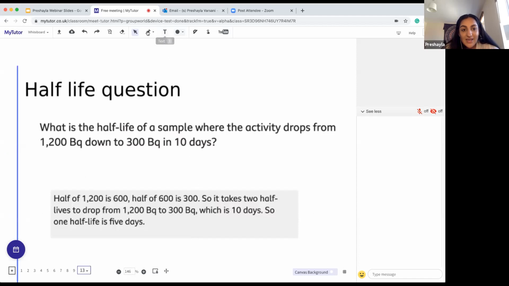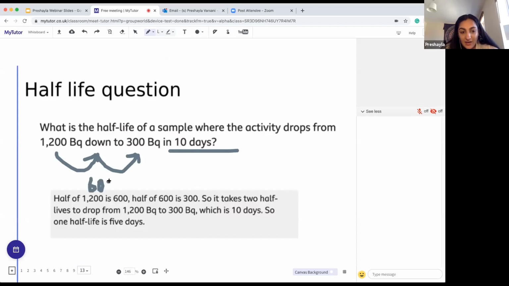So in 10 days, we have 2 half-lives. It halves once to 600 and halves again to 300. So it's halved its activity twice.